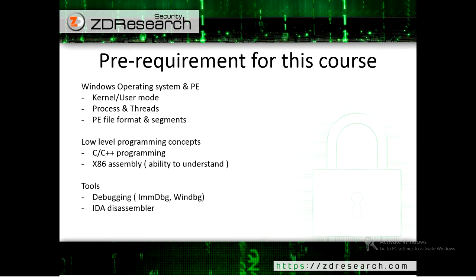You don't need to be a master of Windows internals, but you should know about kernel mode and user mode, process, threads, and PE file format and segments. These are some pre-requirements you should know about. And if you are going to, for example, exploit some other operating system, you should know some knowledge of that operating system.